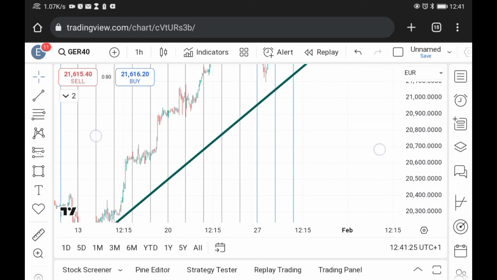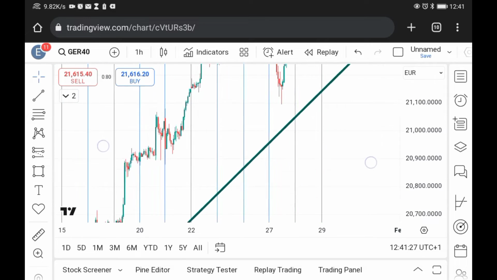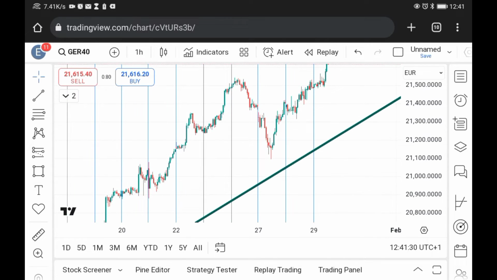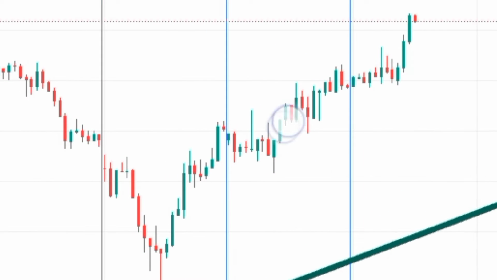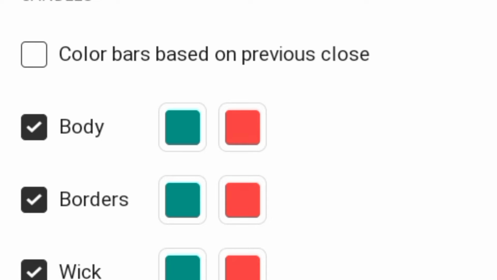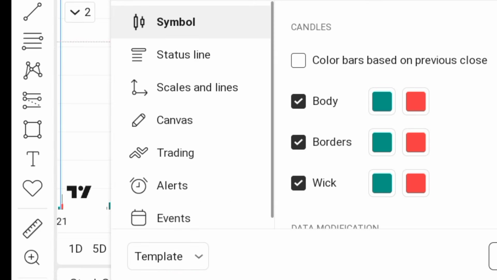So on my H1, I would like to enable section breaks on my chart, which is this line you've seen here. So how do I get the section breaks? I'll click on my chart twice, on my candle twice, and this interface right here will open.